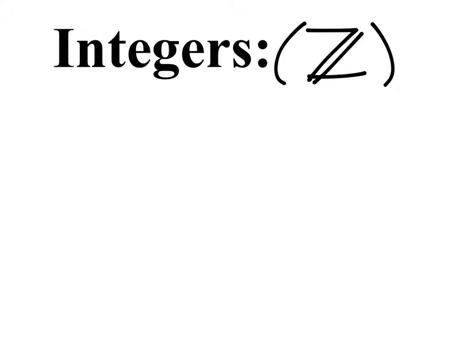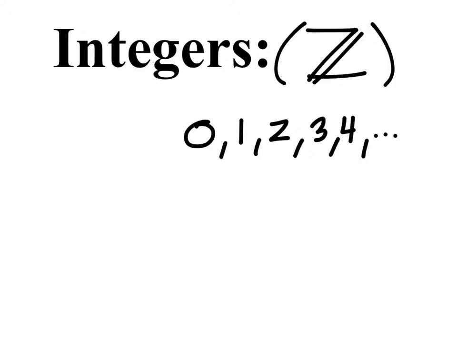Integers are numbers such as 0, 1, 2, 3, 4, and so forth. So what's the difference between integers and whole numbers? Integers and whole numbers are extremely different because integers not only include all of the whole numbers, but also their negatives.